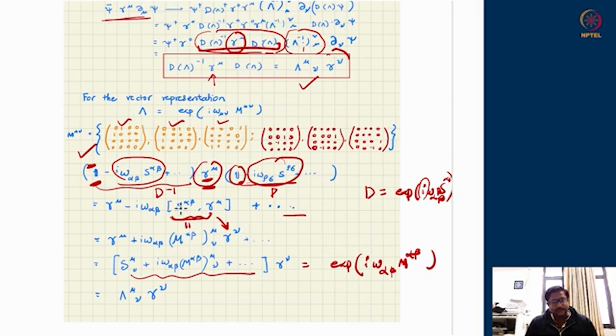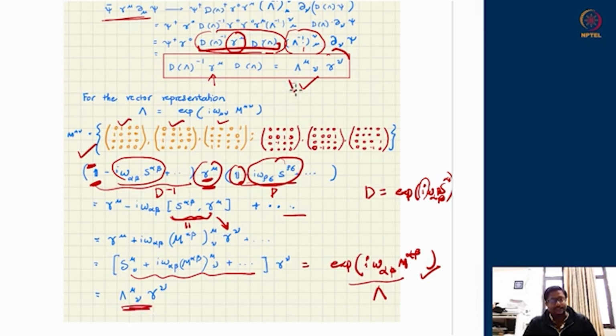And if the commutator of S and gamma is M, ultimately M square, M cube kind of things will appear, and this will become exponential of omega times M. 6 omegas and 6 M's multiplied together and then exponentiated. And remember, this was just the vector transformation lambda. So therefore the end result will be lambda mu nu gamma nu.